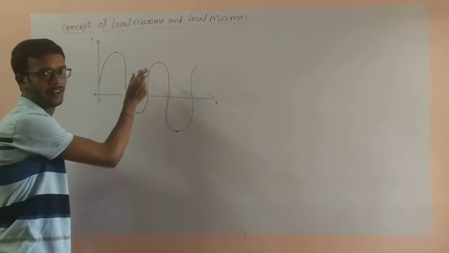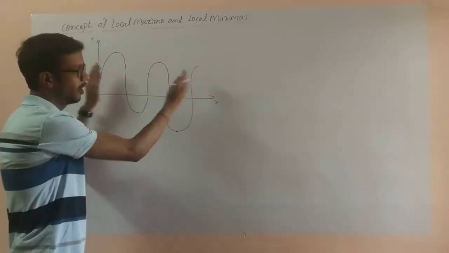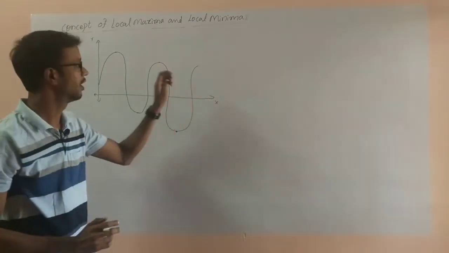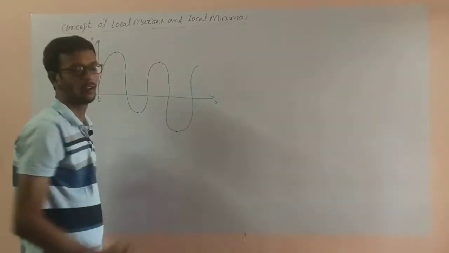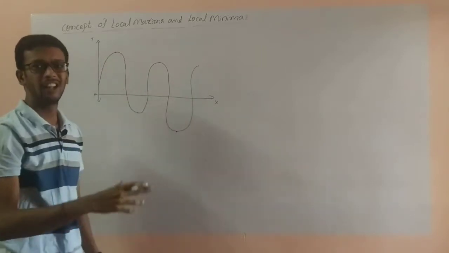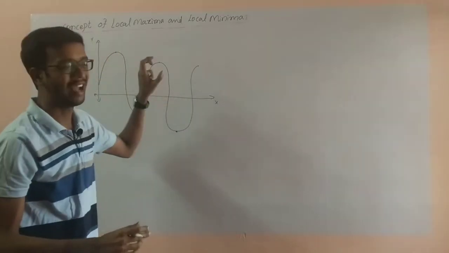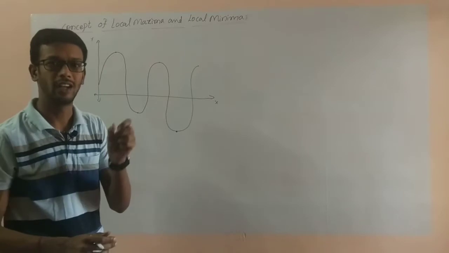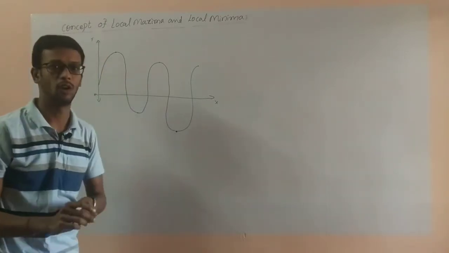In total interval, this is not a maximum, but if you divide into small intervals, this is the maximum value. This is also a maximum value if you take this side interval. So dividing the intervals, you will get n number of maximas and minimas. That type of maximas and minimas are called local maximas and local minimas.